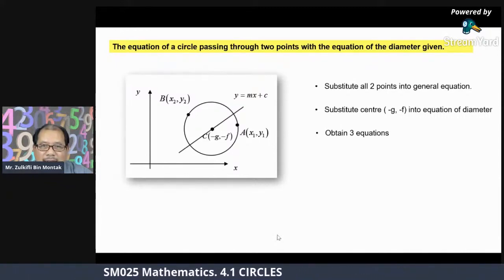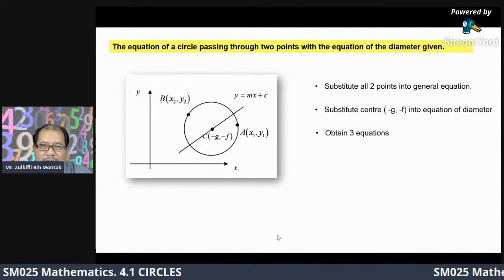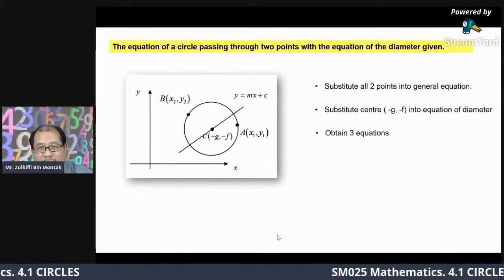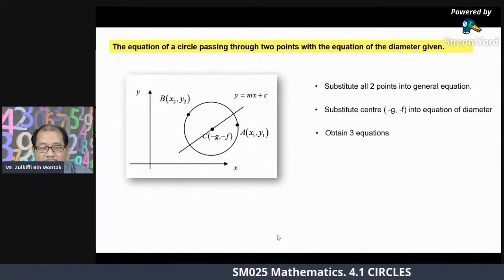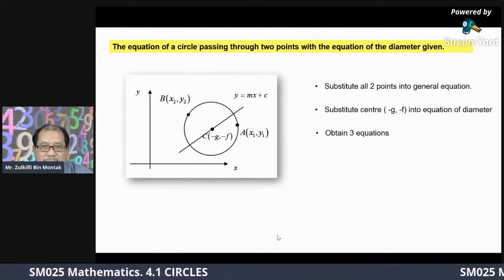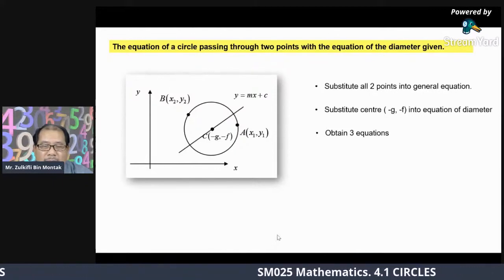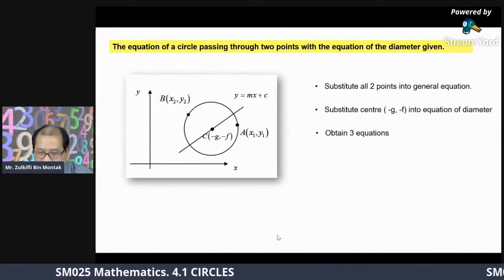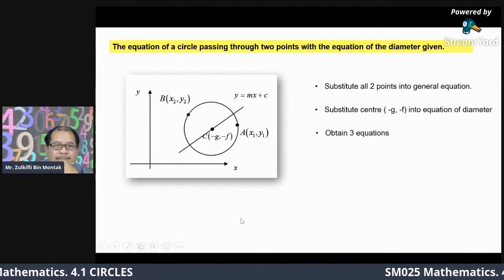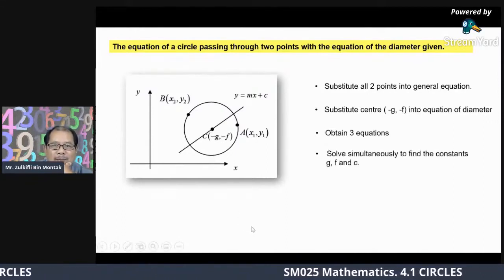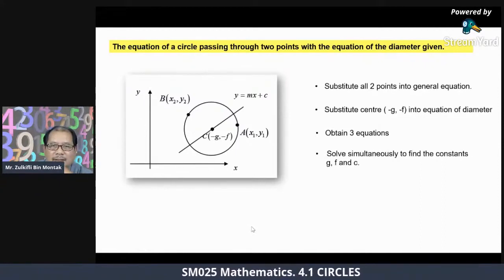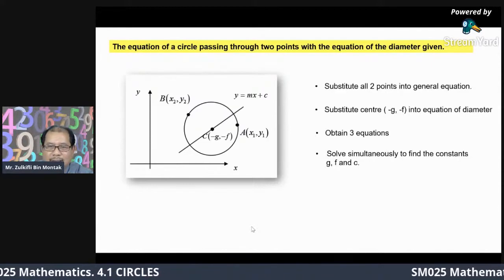We substitute negative g and negative f because the center lies on the diameter. Now we have three equations. Now we solve the three equations simultaneously to find the constants G, F, and C.